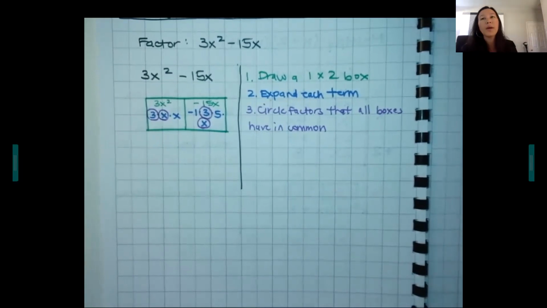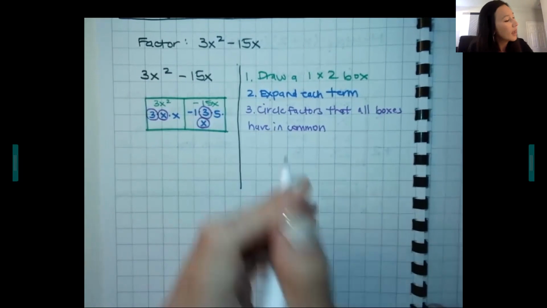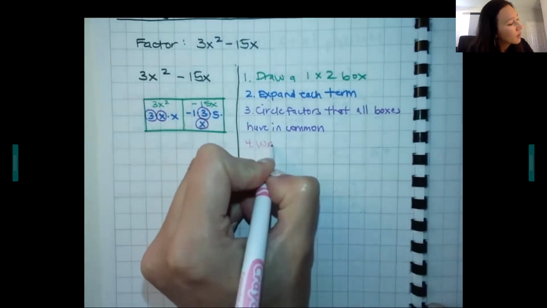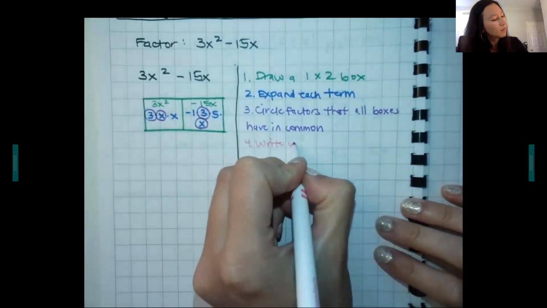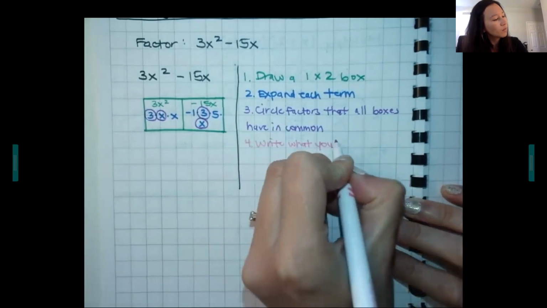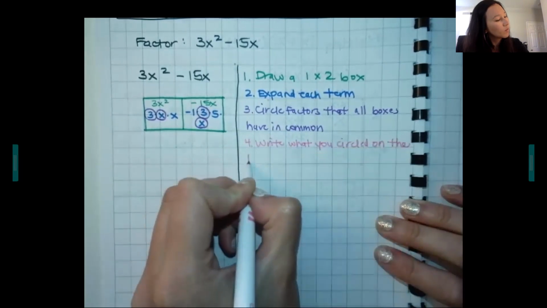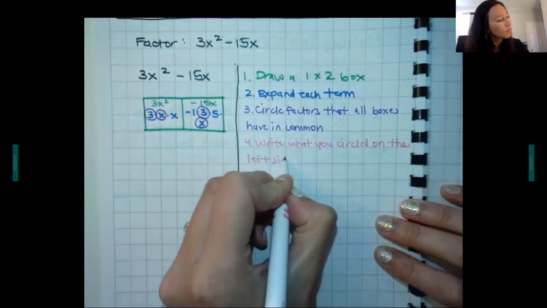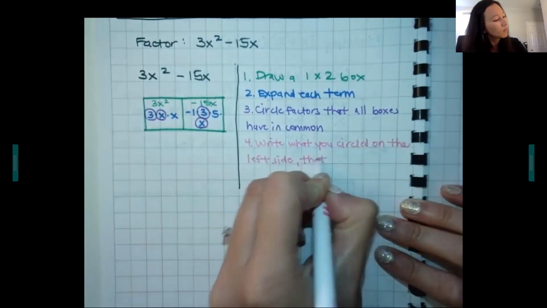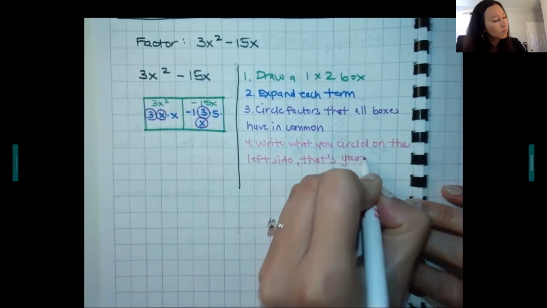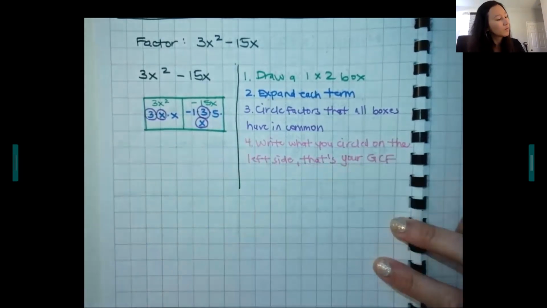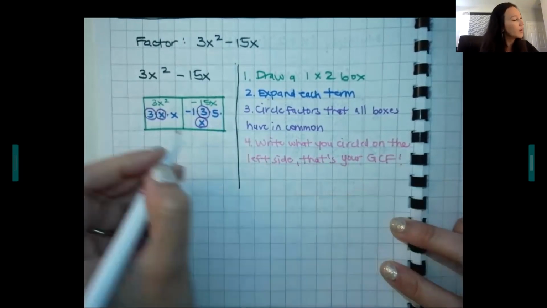Next, you're going to write what you circled on the left side of the box. That's your GCF. That's your greatest common factor.